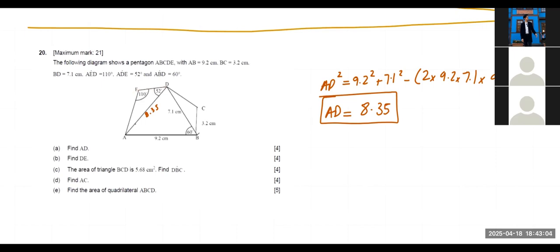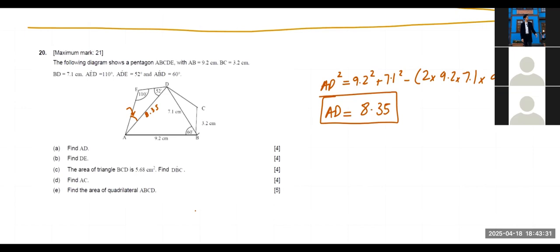Because it's a straight line? No. The inside angles of a triangle add up to 180. That's why. So this is whatever is left over from 180 once these guys have taken their bite. So this angle is going to be 180 minus 110 minus 52, which is 18 degrees.